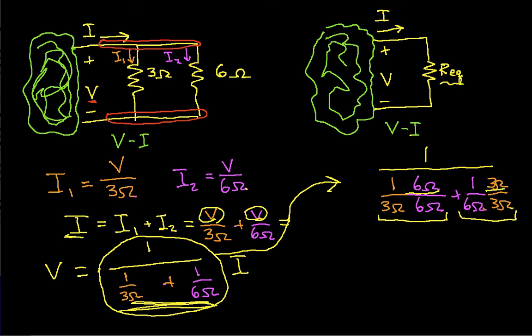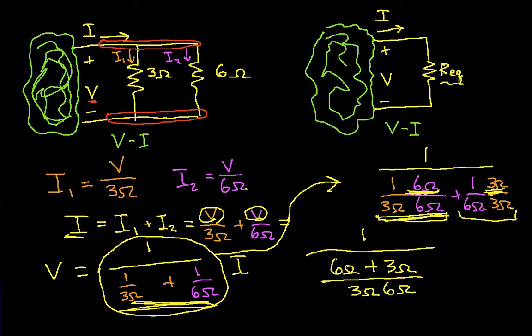So I can rewrite this as 1 over my 6 ohms, this guy, plus my 3 ohms, this guy, over the product of 3 ohms and 6 ohms. That's this guy.